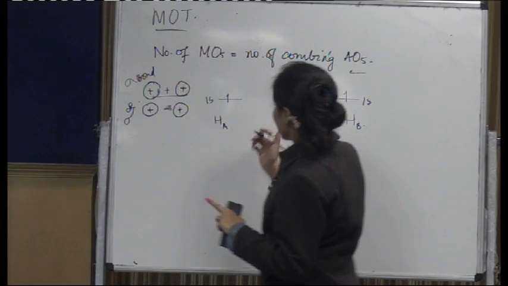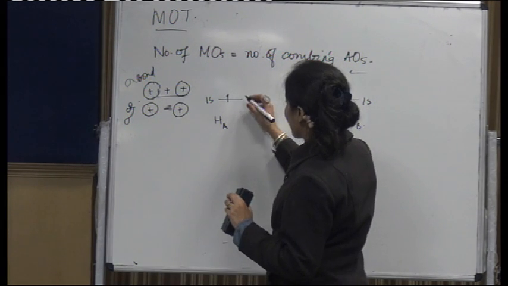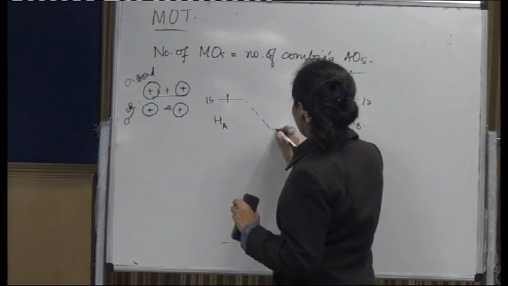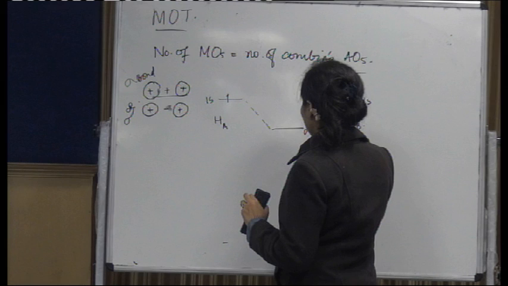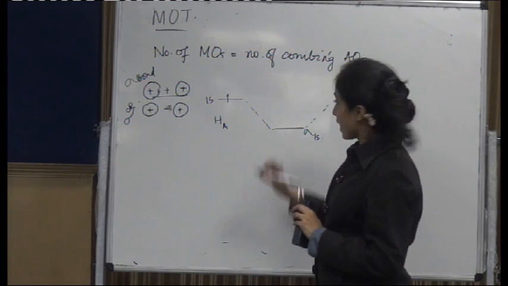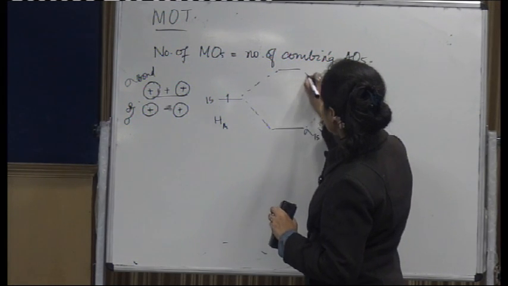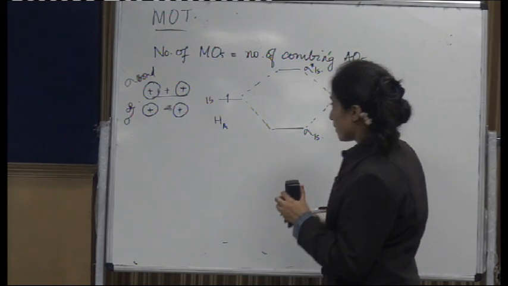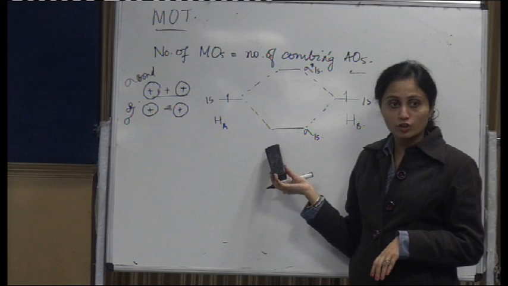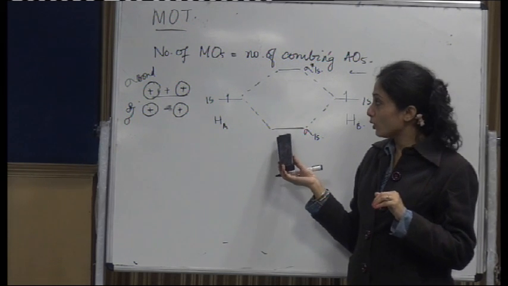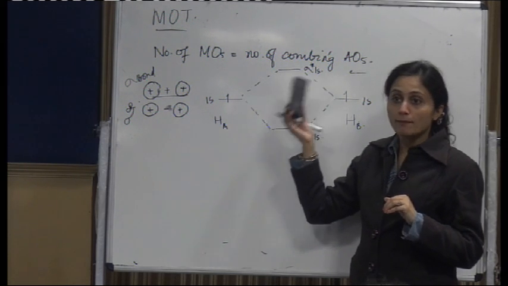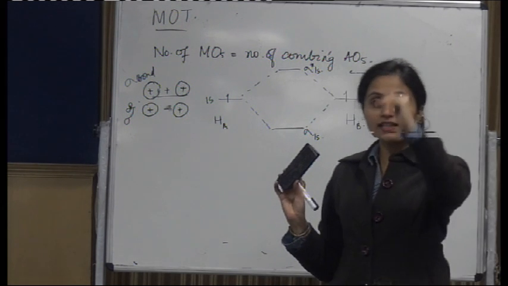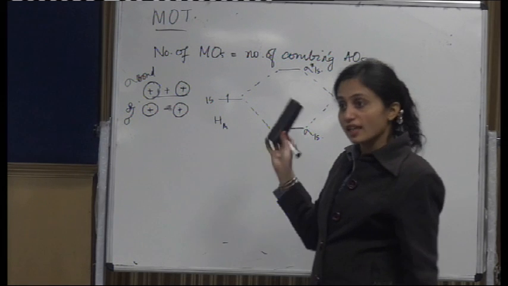The characteristic feature of the bonding molecular orbital is that both of these will be combining to form your bonding molecular orbital, that means sigma 1s, and once it will form your sigma star 1s. Remember that the energy of the bonding molecular orbital will always be lower than the two combining atomic orbitals. Bonding will be more stable and anti-bonding will be less stable than either of the two.